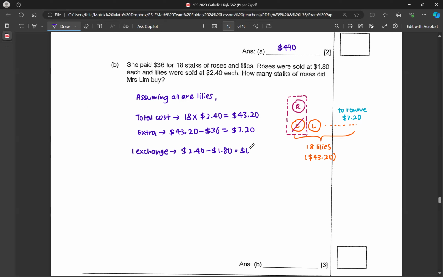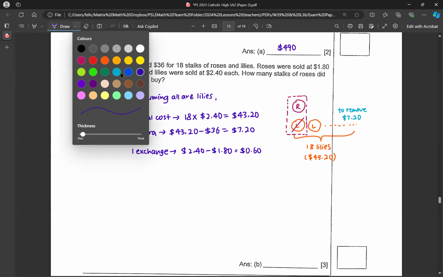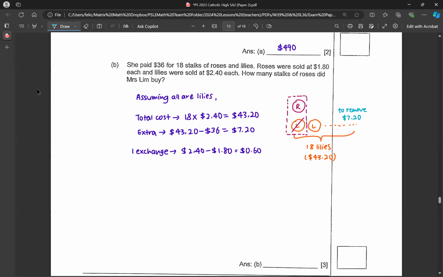This is how I get 60 cents. Just take the difference. Over here, you can write down a loss of 60 cents for that one exchange. But remember, there must be many more exchanges for me to remove $7.20. This was our goal, to remove $7.20. Each exchange allows me to remove 60 cents only.